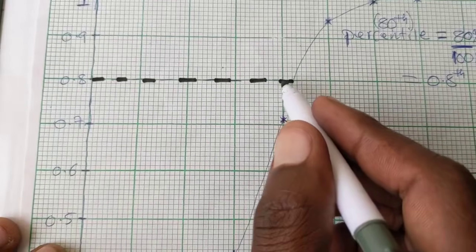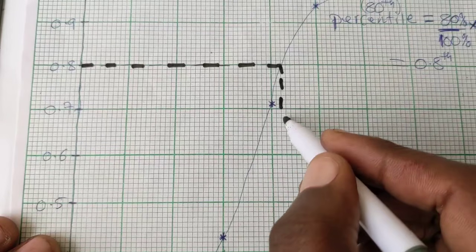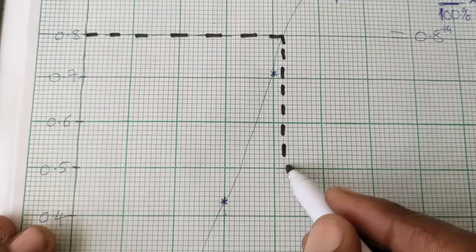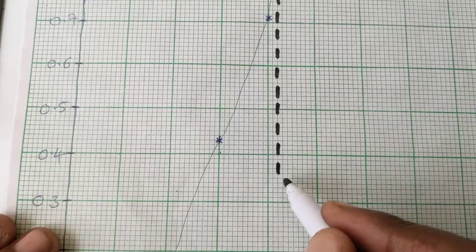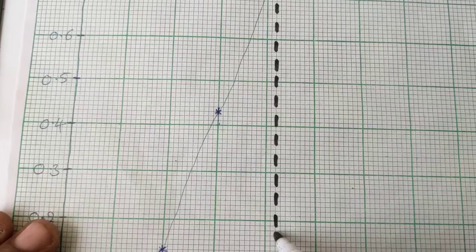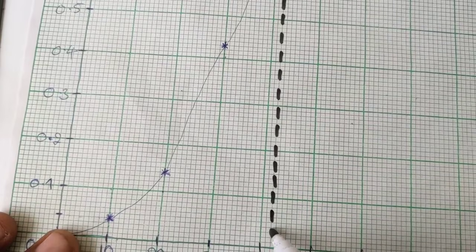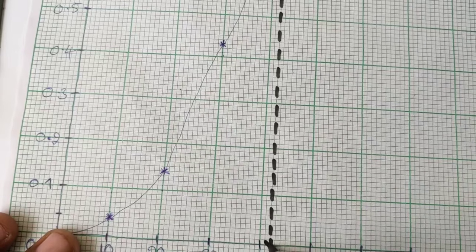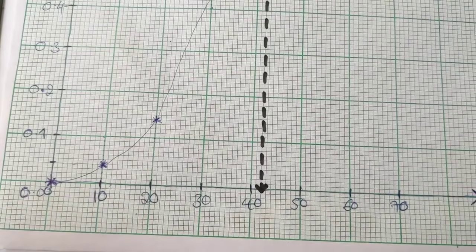When it touches this graph, it comes down like that, a dotted line, until it touches the x-axis, right there.